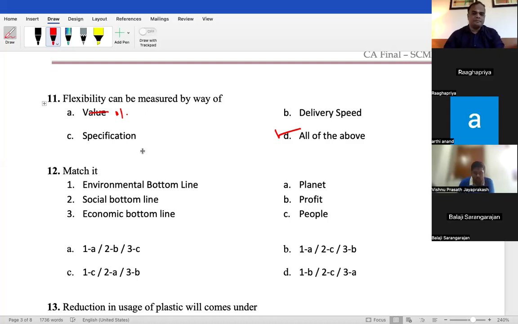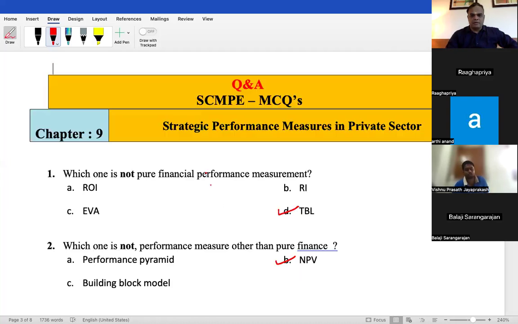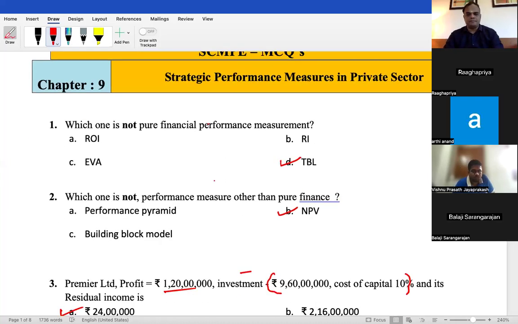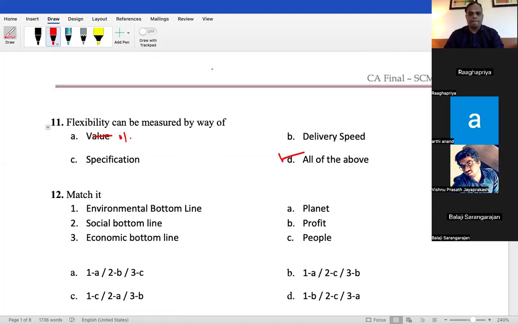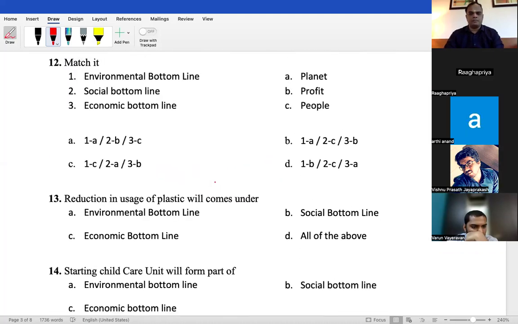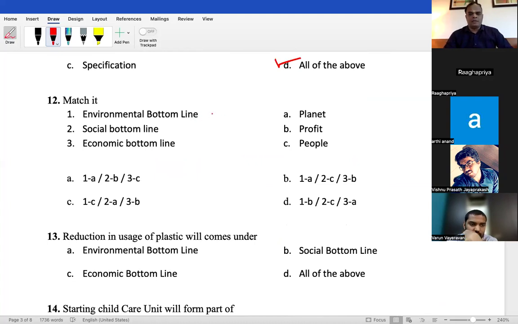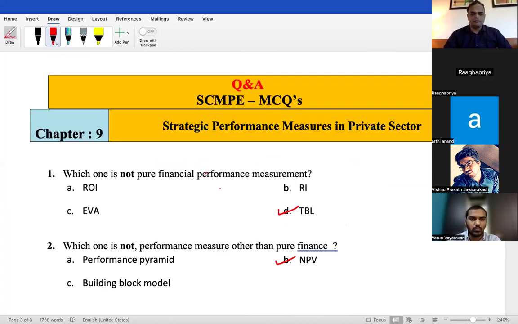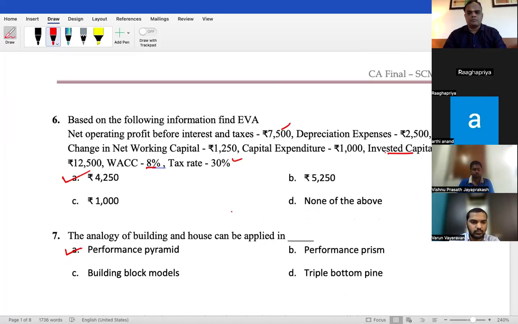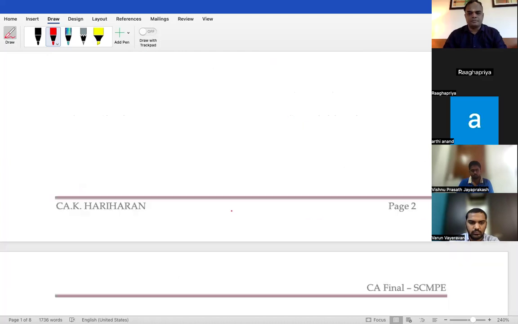Question 12. Match it. Environmental bottom line, social bottom line, economic bottom line. Options: option A planet, B profit, C people. Environmental bottom line, planet.